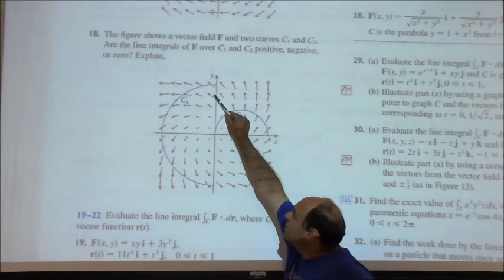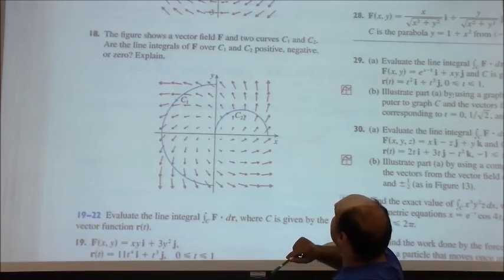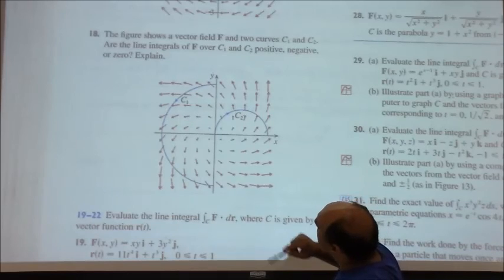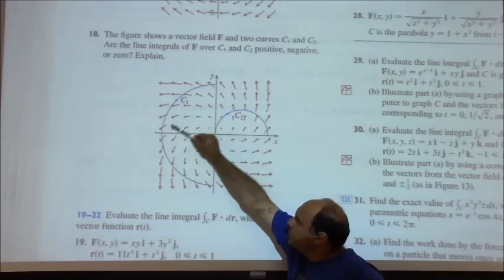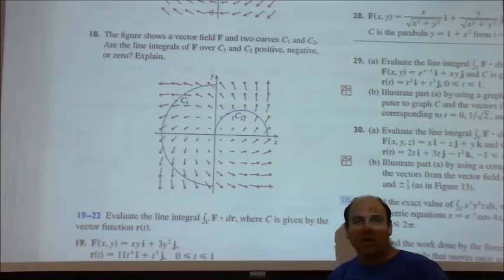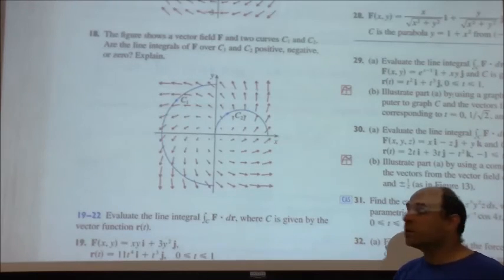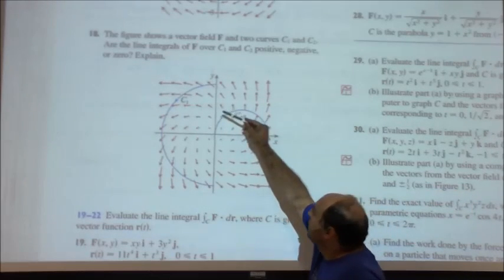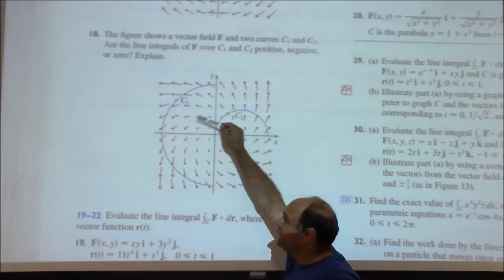So here, if I'm trying to swim this way along C1, it's traveling this way. If I'm swimming along this blue curve in this direction, is the river pushing me along or is it pushing against me? It looks to me like it's pushing me along, right? It's kind of going up over here and I'm trying to go down, but it's definitely going left and I'm going left.